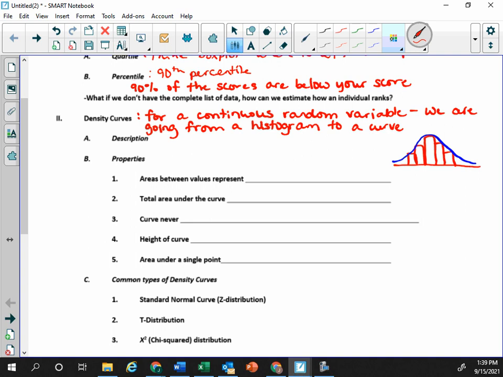You don't have to know any calculus to do this, okay? So don't get scared. All right, so it's the proportion of observations that fall in that interval.